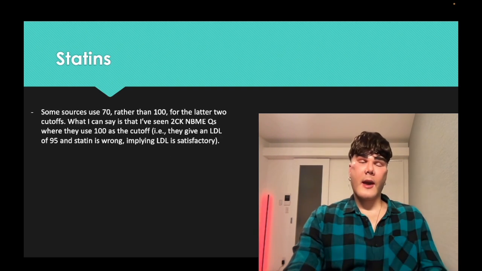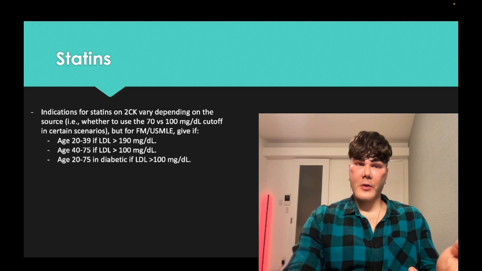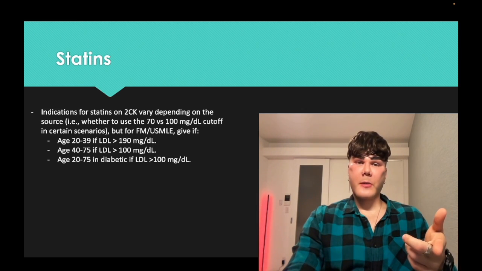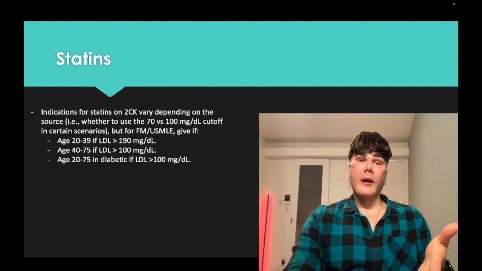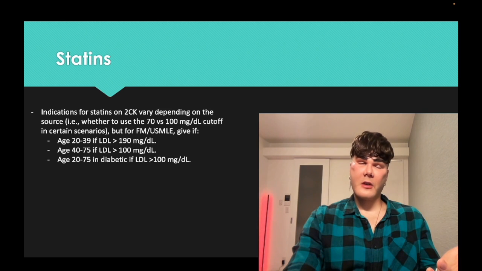And then I'm just pointing out that some guidelines, depending on where you look, will actually use 70 as a cutoff rather than 100 for these guidelines here. But I'm letting you know, as per my observation on the USMLE, that they want 100. Because there's an NBME question I've seen where they'll give a 95 and giving a statin's wrong.